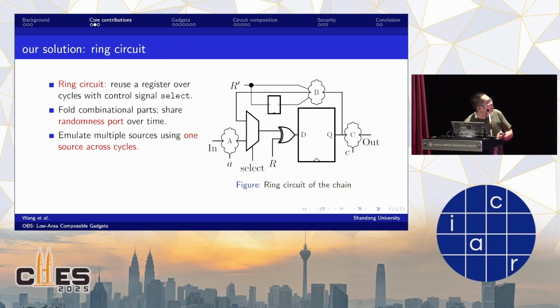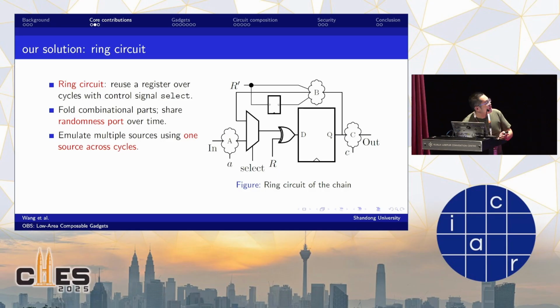The ring circuit. We reuse a register over cycles with a control signal selector, so that we can make the register time-divided.